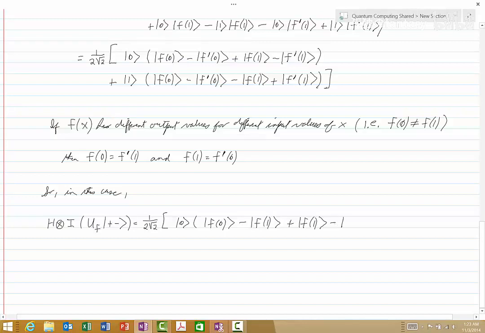So minus f of 0, plus 1 times f of 0, minus f prime of 0 is f of 1, and then minus f of 1, and then finally plus f prime of 1, which is the same thing as f of 0. So plus f of 0.